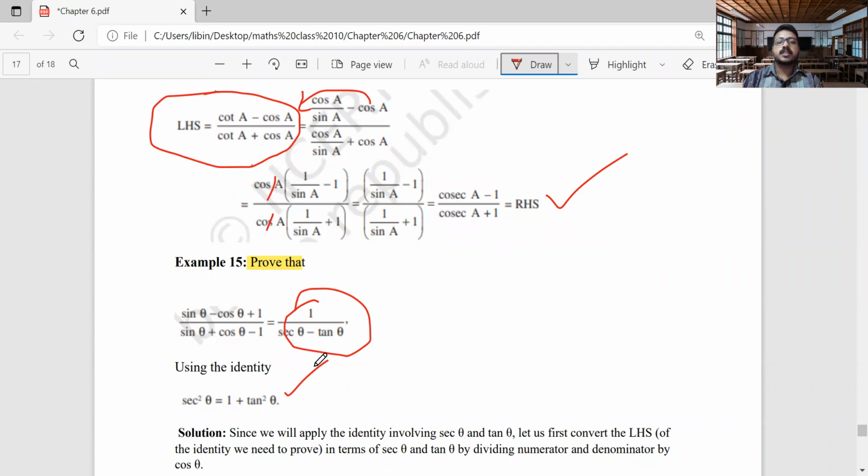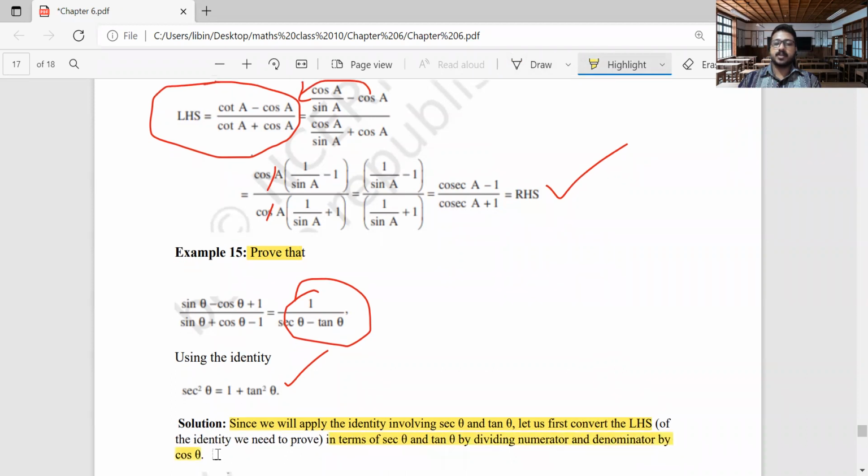Now since we will apply the identity involving sec theta and tan theta, let us first convert LHS in terms of sec theta and tan theta by dividing numerator and denominator by cos theta. Because as we are using sec theta and tan theta, we have to convert the LHS in terms of sec and tan. How will we do it?